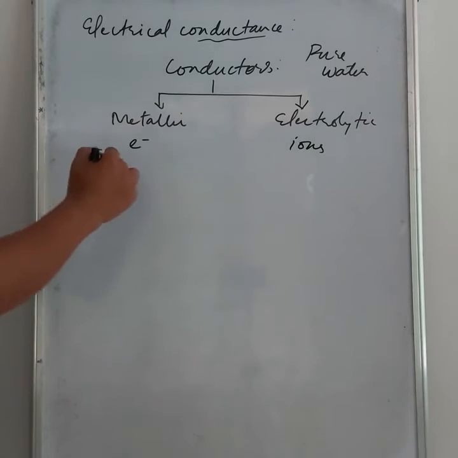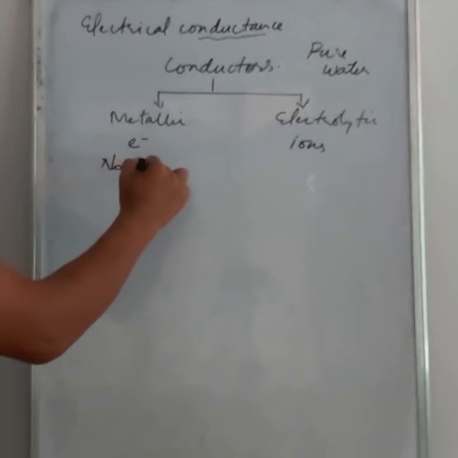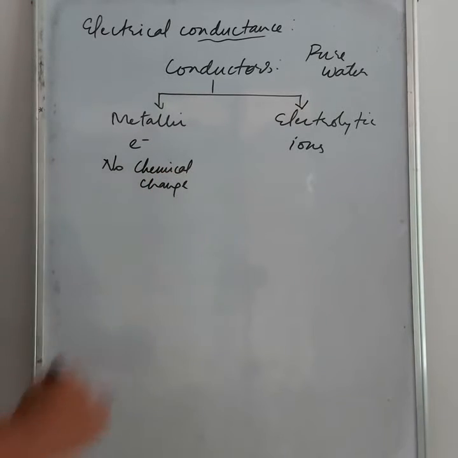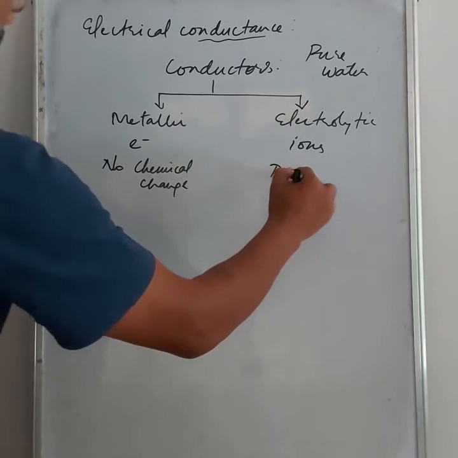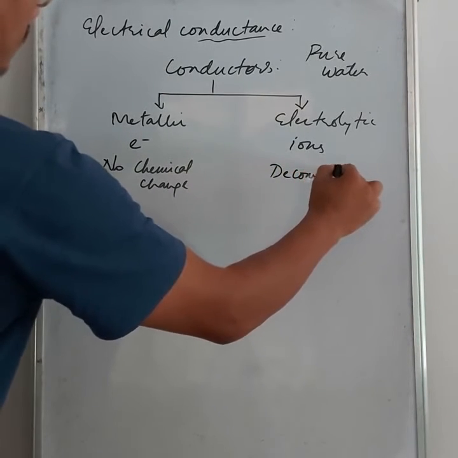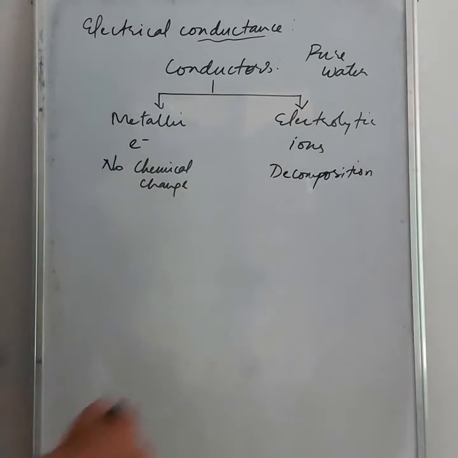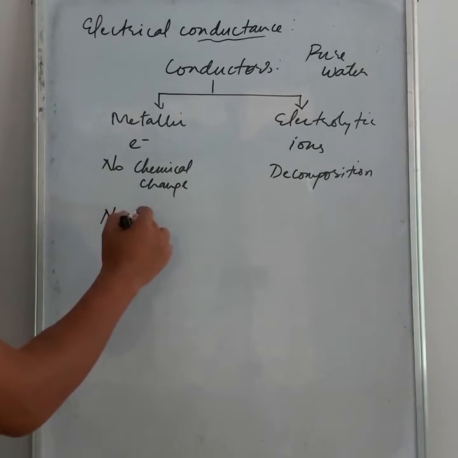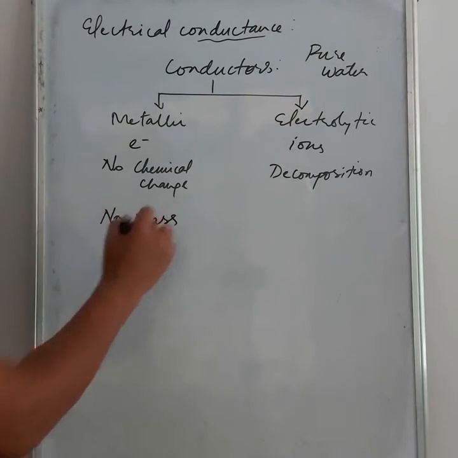Here, we don't see any chemical change. No chemical change. But in electrolytes, decomposition takes place. Here, in metallic conductors, we don't see transfer of mass, no mass change.